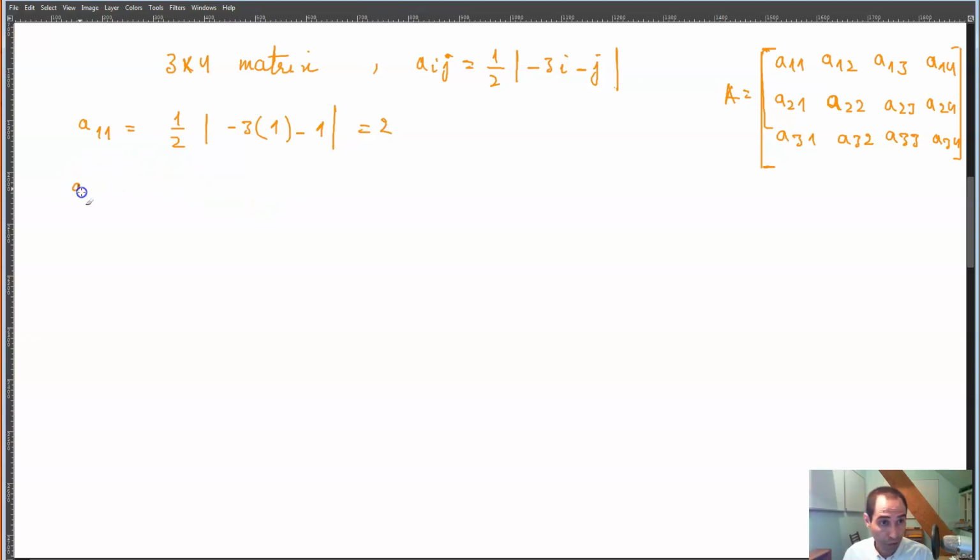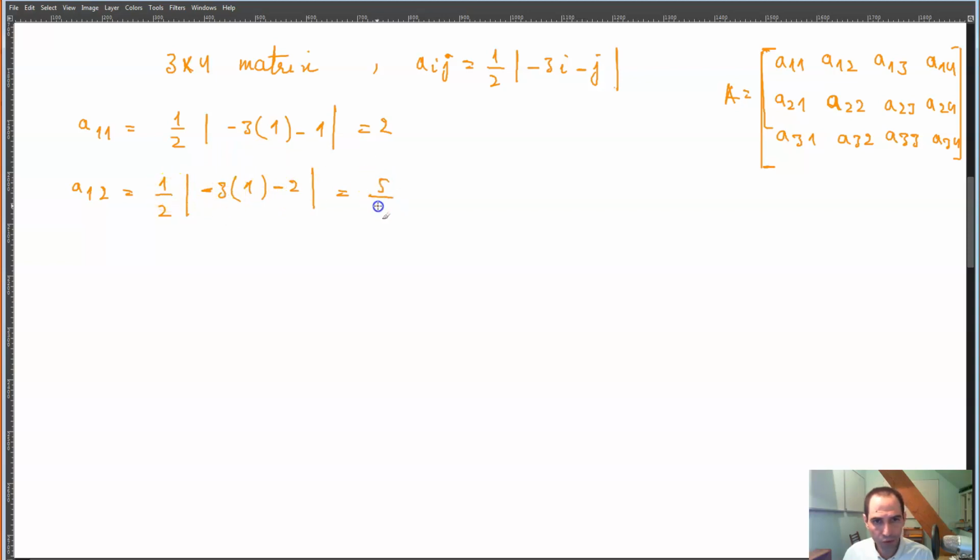A of 1,2 is equal to 1/2 of the absolute value of -3 times 1 minus 2. Now this is equal to -3 minus 2, -5, so that becomes +5.